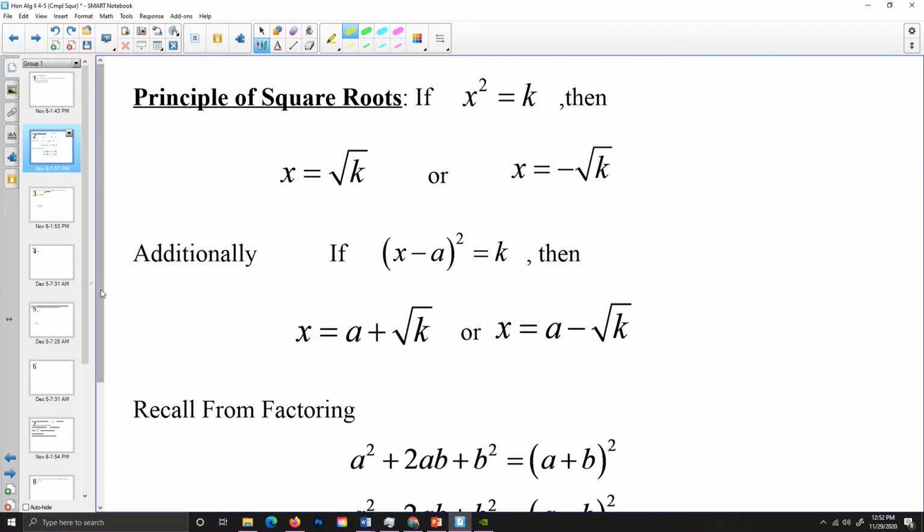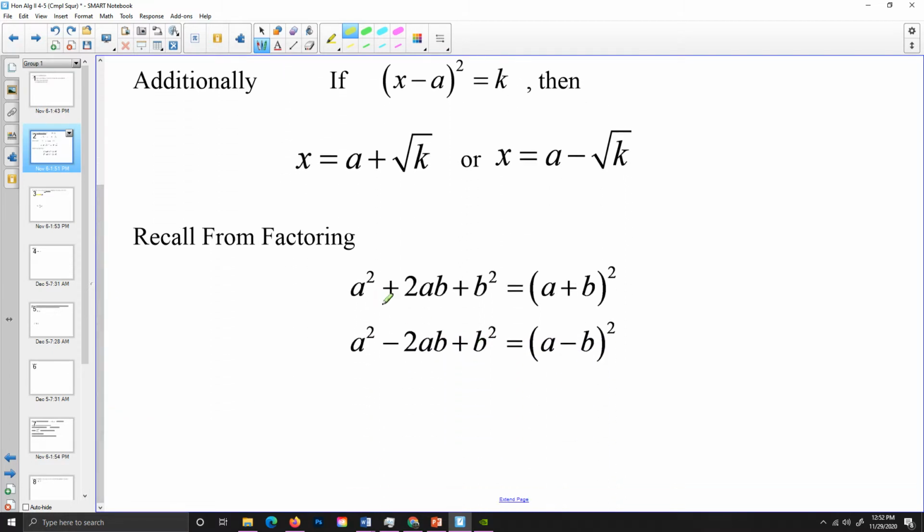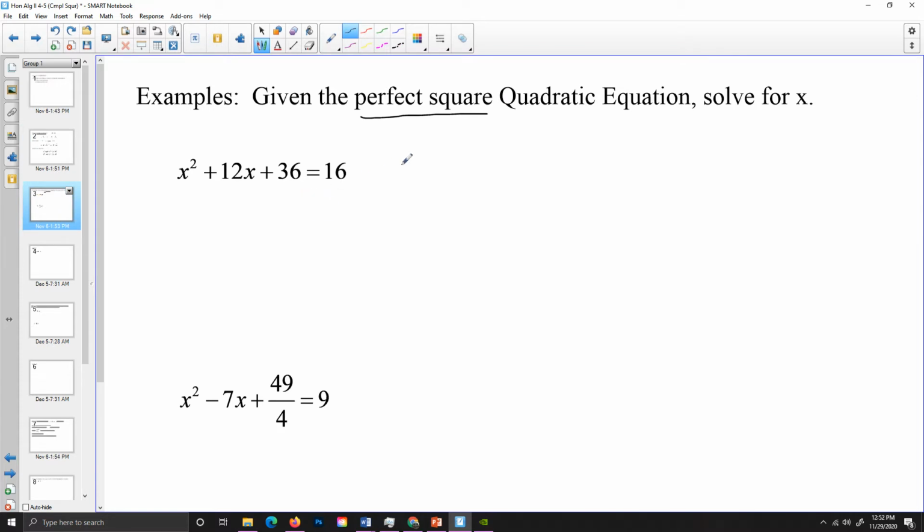It already fits into one of these two expressions. This fits into the a squared plus 2ab plus b squared form, and its result is going to be a plus b quantity squared. Now all we have to do is determine what a and b are.